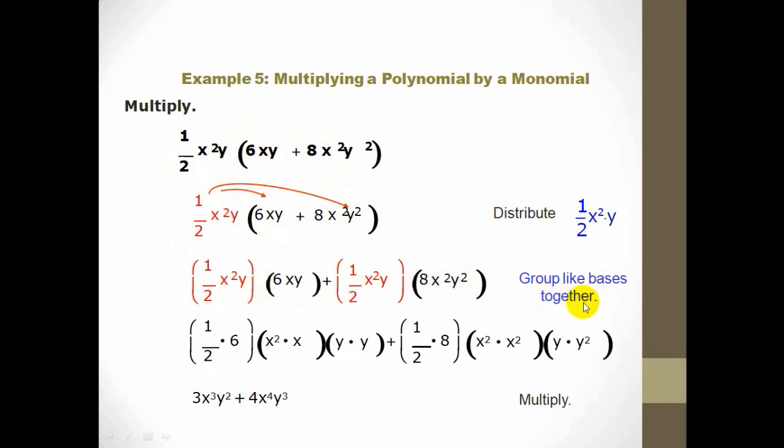Now group like terms together. 1 over 2 multiplied by 6 into x square dot x into y dot y, plus 1 over 2 dot 8 into x square dot x square into y dot y square. So 2 times 3 is 6, x square dot x means x cube, y dot y square, plus 2 times 4 is 8, x square dot x square, and y dot y square means y cube.